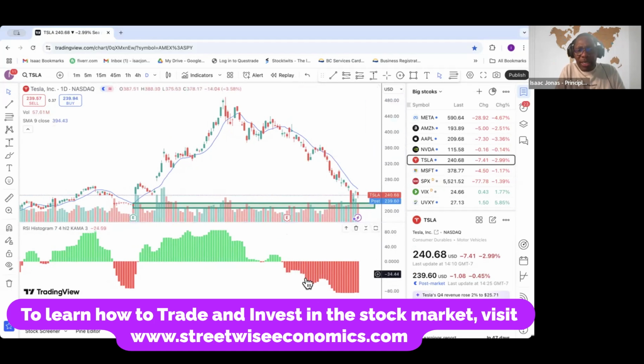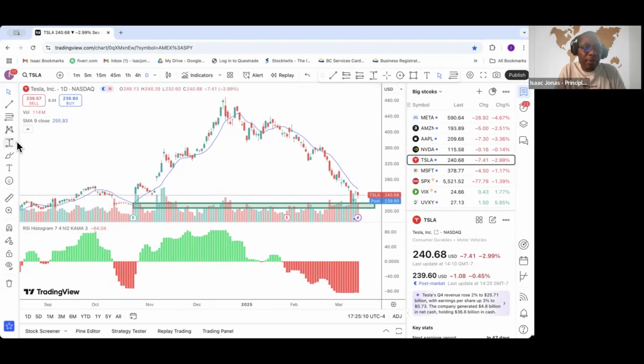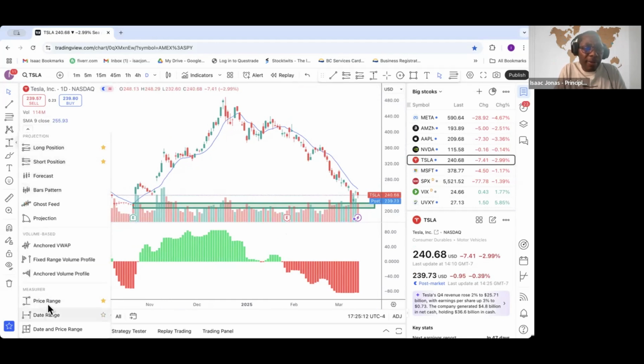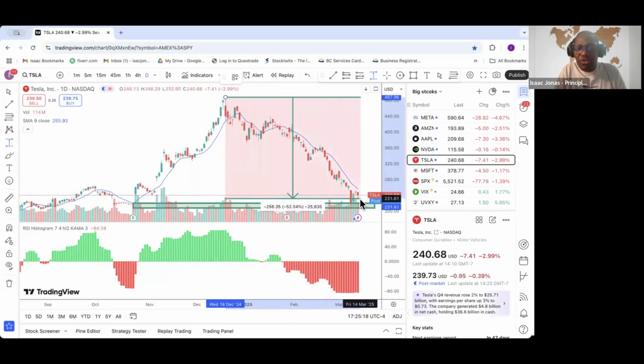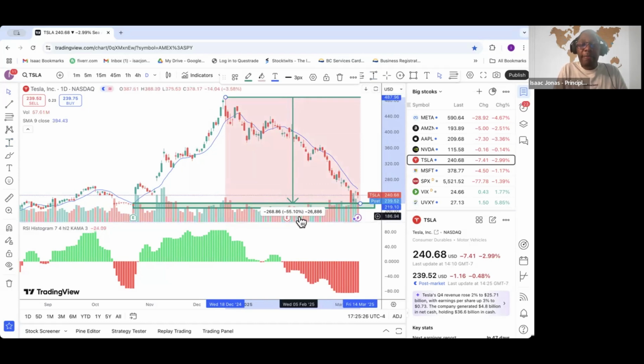But what is also interesting is that there's been a net sell-off. Tesla has also dropped. From the previous high, it was at $487. Right now it's trading around this point, but it went as far as here, which means that Tesla dropped by 55% since around December 16th.